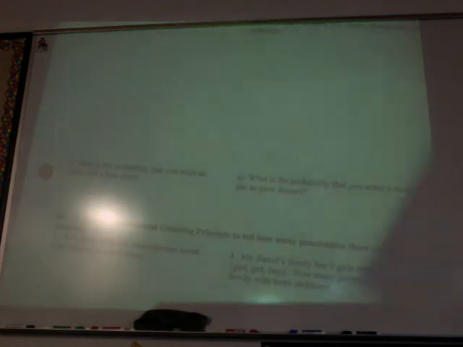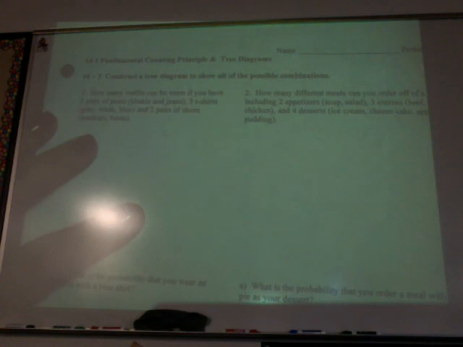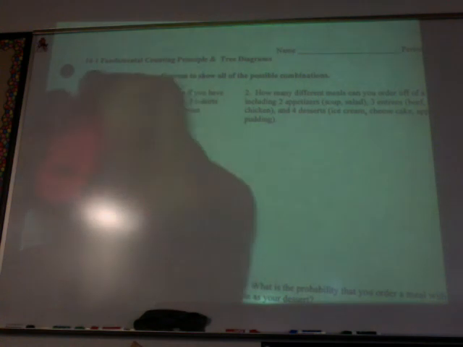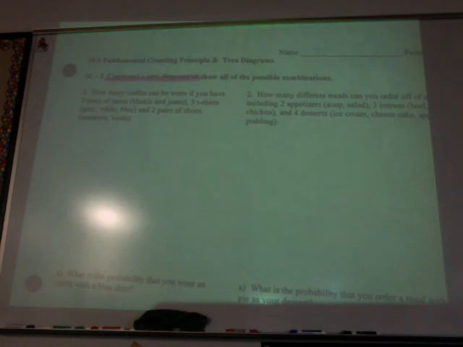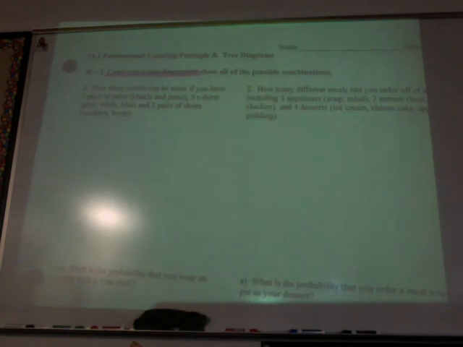So let me just bring your attention to the directions. For 1 through 3, what do the directions say? Construct a tree diagram. Well, we're not going to do that here, so I just want to remind you that for 1 and 2, you're constructing a tree diagram. There's a reason why there's some space there, so write small.